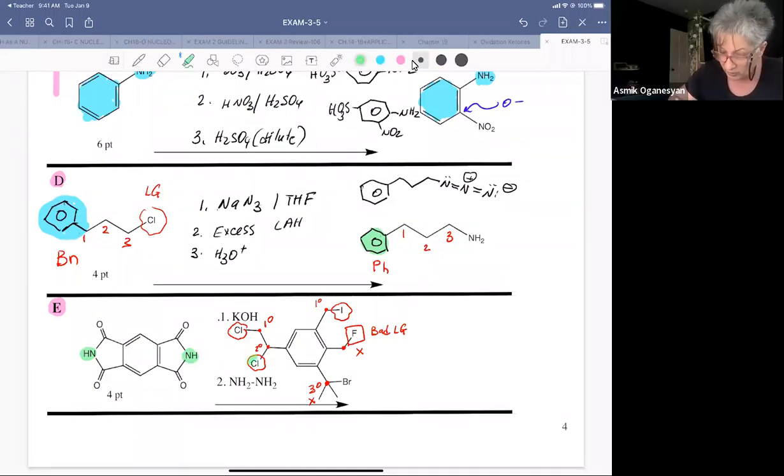So this one is out of the picture as well. Now we're looking at chlorine as a leaving group and iodine as a leaving group. Iodine as a leaving group is much, much better, right? So we are going to react this position, okay? And we would get one product on one side.